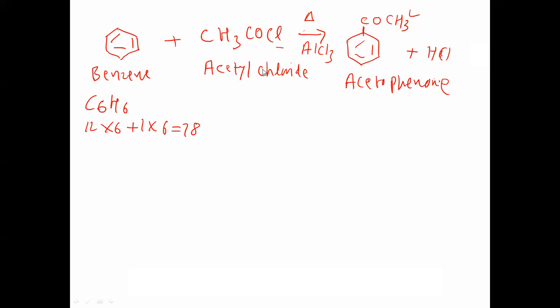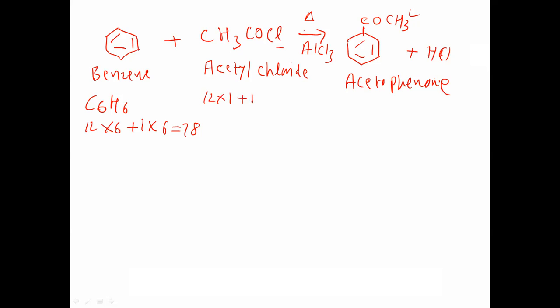Okay. Now acetyl chloride. So here we have a molecular formula ready. Let us calculate its molecular weight. So if you look at the structure, one carbon means 12 into 1 plus 3 hydrogen.